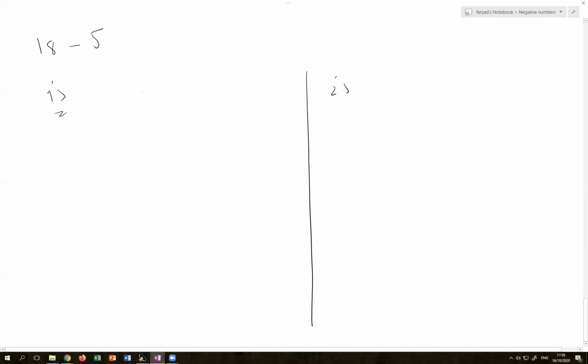So what is 18? 18 is 16 and 2. 16, 8, 4, 2, and 1. Guys, you need to be very good in conversion, binary to decimal, decimal to binary. What is 5? 5 is 1, 0, 1. So I have to subtract 1, 0, 0, 1, 0 minus 0, 0, 1, 0, 1. I want to subtract them two ways.